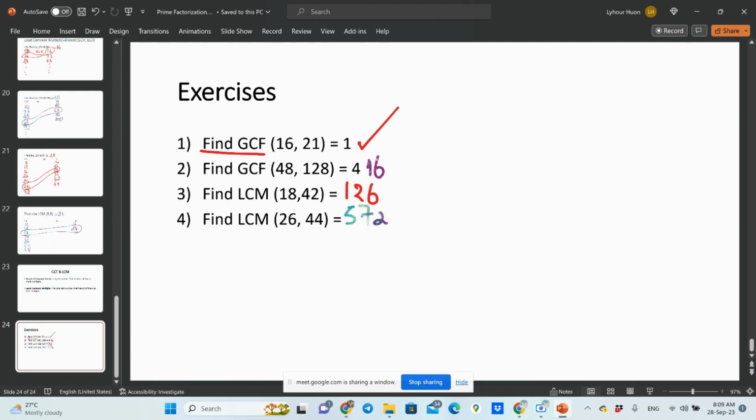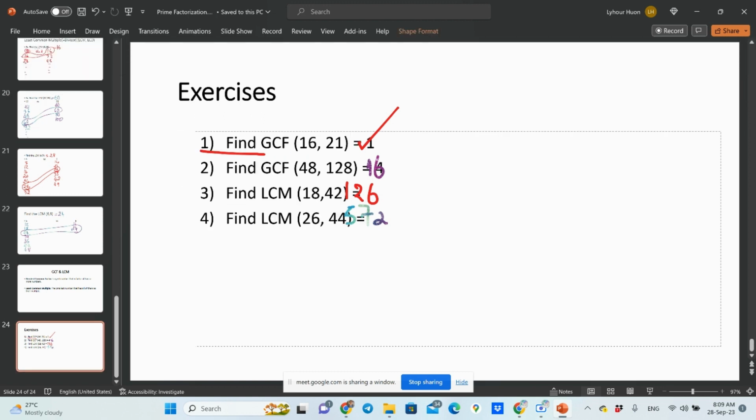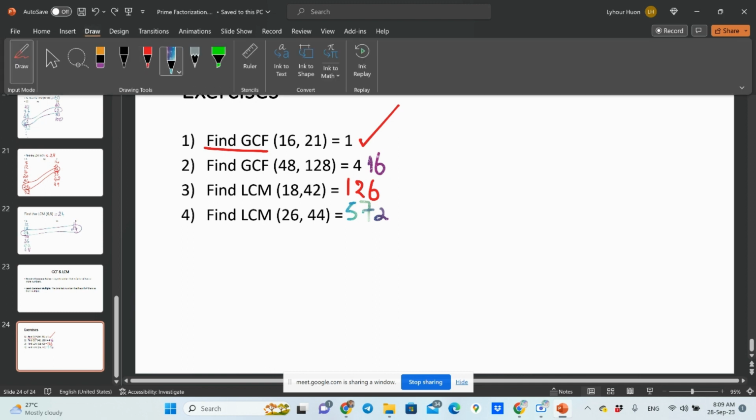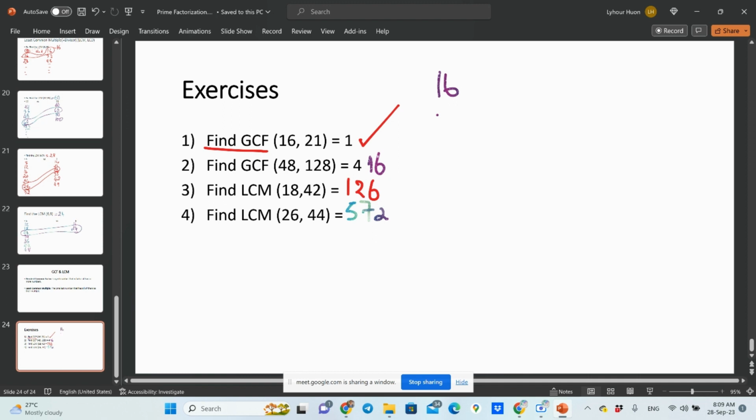For example, the first one, 16. To do the prime factorization, we do a factor tree and continue until the end result is a prime. 16 is 4 times 4, but 4 is not a prime yet, so we continue: 4 into 2 times 2, and this also 2 times 2. So 16 is equal to 2 to the power of 4.